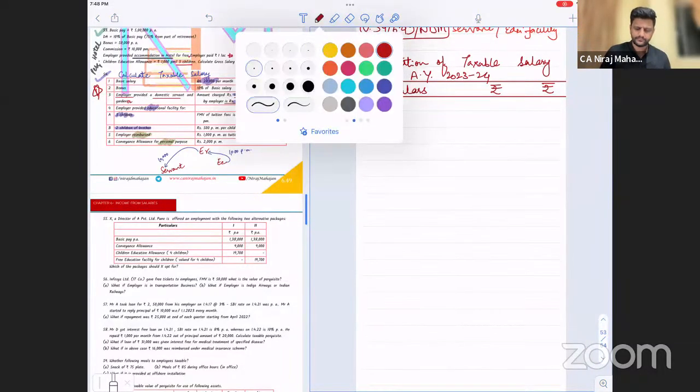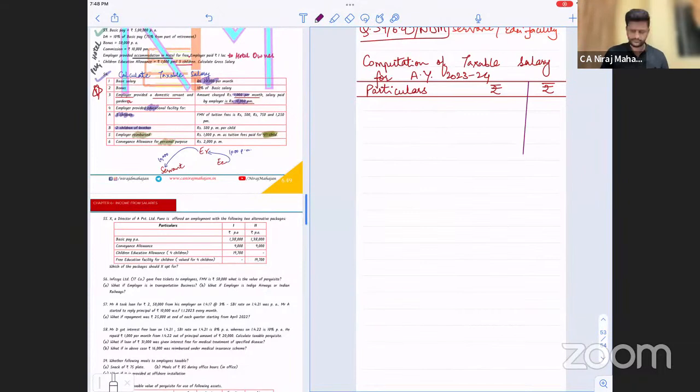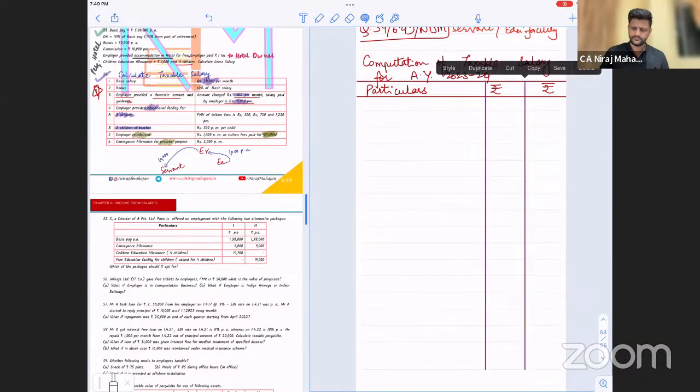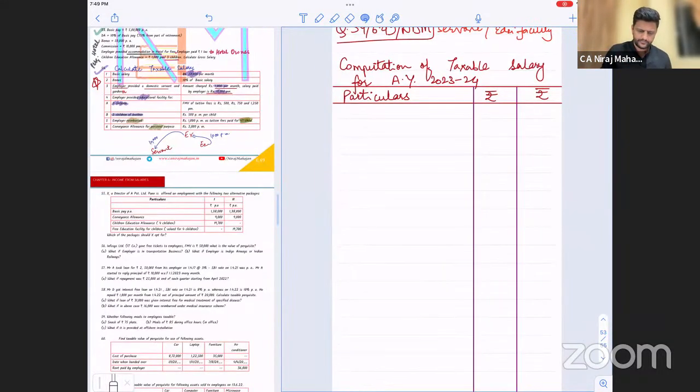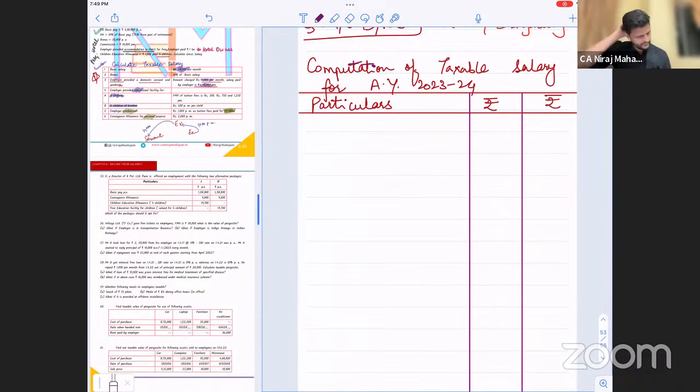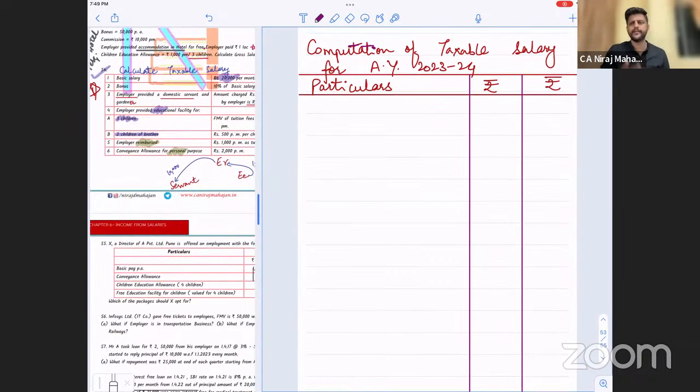Okay, let's go ahead, everybody. Write down. 17.1 and 17.2 salary. No, remember, no? The first part. 17.1 salary.